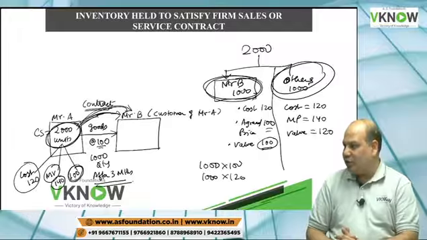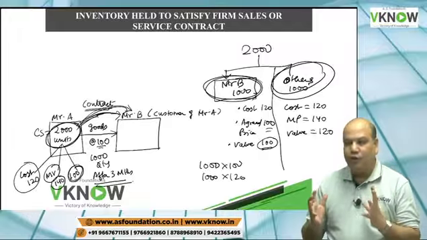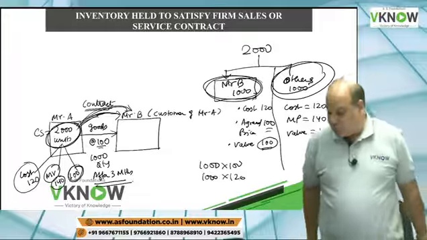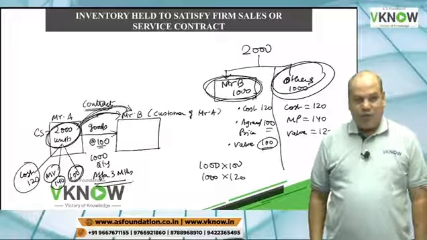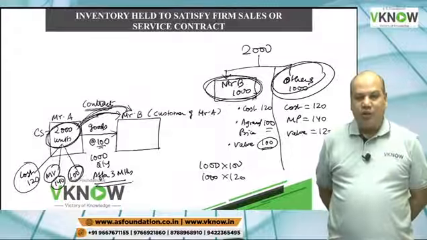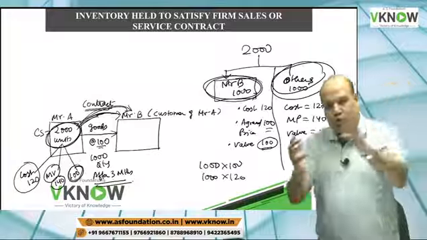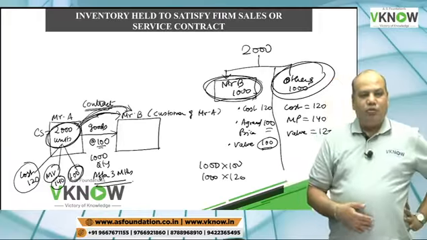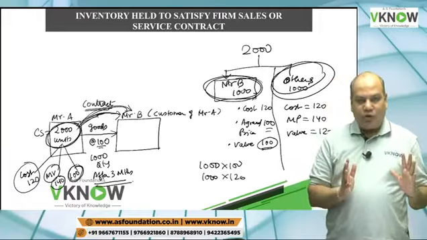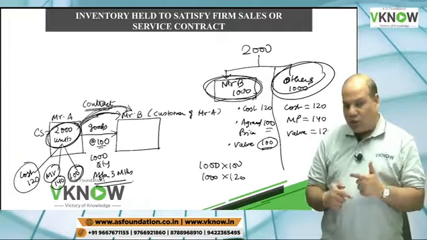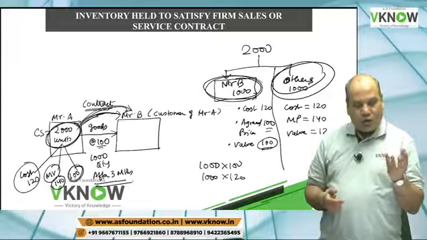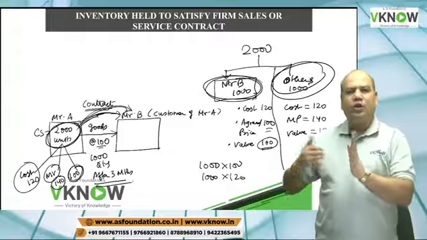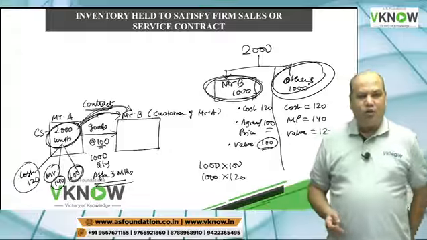If you are holding inventory to be supplied against a firm contract, meaning an agreement, then for that 1000 quantity I will apply cost or contracted price, whichever is lower, and for the remaining quantity I will apply AS2 as usual.